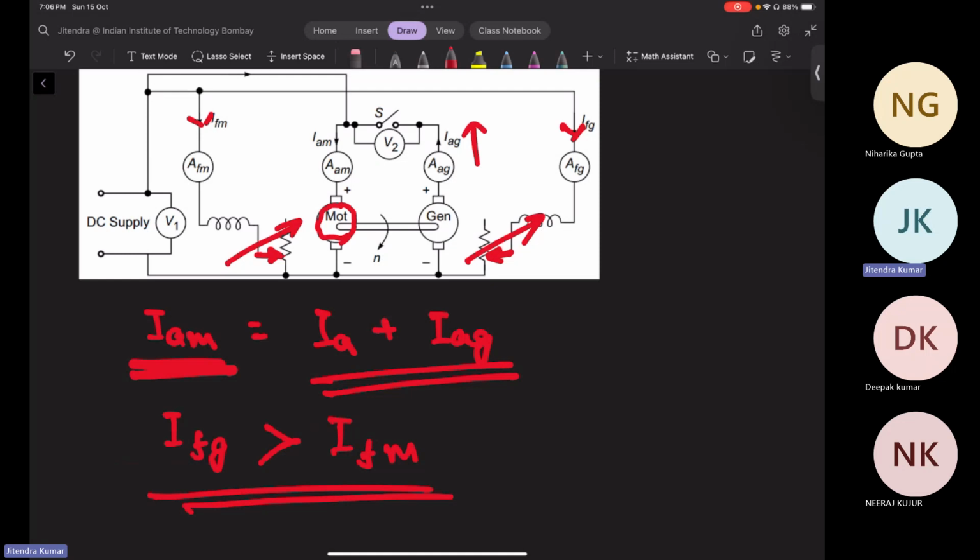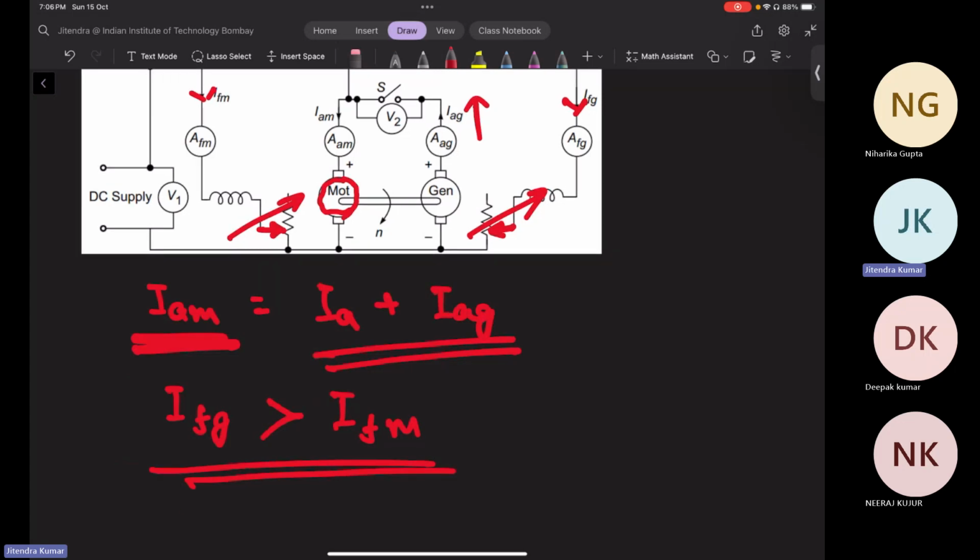Why is that so? Because there will be some field supply required for the motor, that is coming from the DC supply. But this field current of the generator is kept higher.